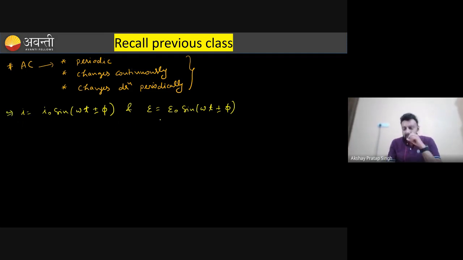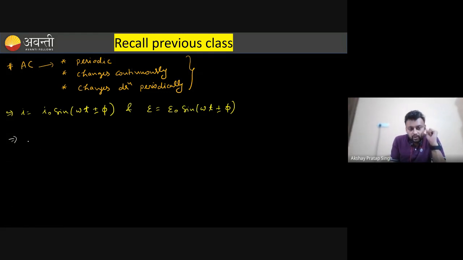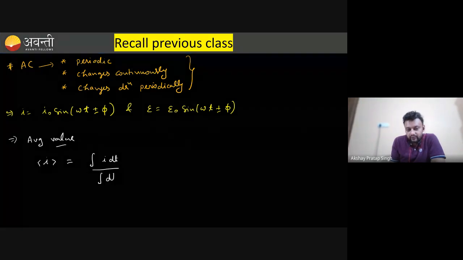After this, what we have learned is the average value. What is the next point that we have considered during the class? That was average value. If you want to calculate the average value of current, you will say integration of I dt divided by integration of dt.